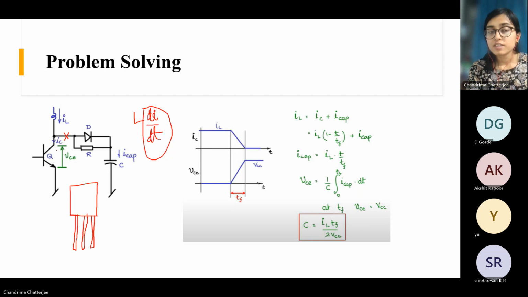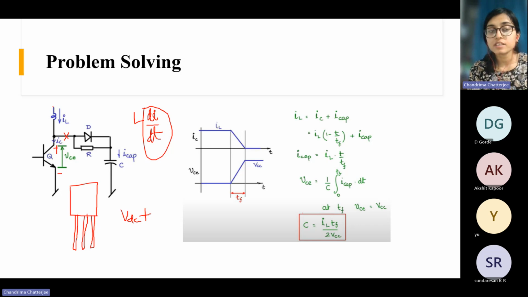Now, the voltage across the device, usually what we see, the voltage that the device blocks is the DC supply voltage, right? But now, instead of the supply voltage, the device has to block a voltage which will be your VDC, the DC voltage, plus this L di by dt.